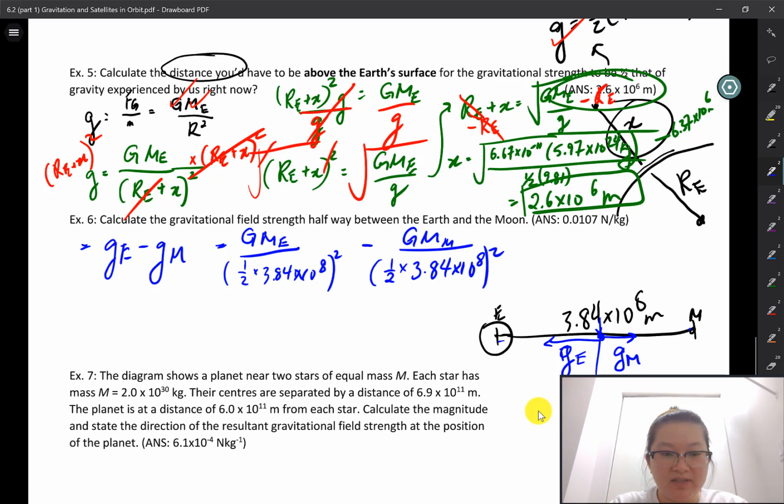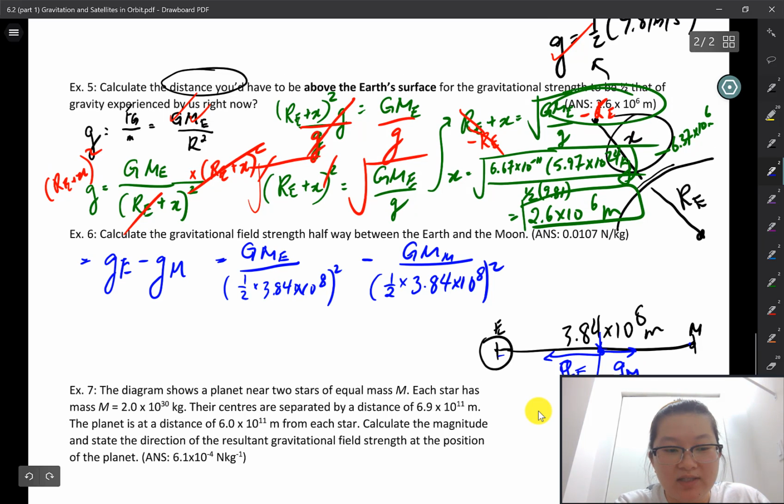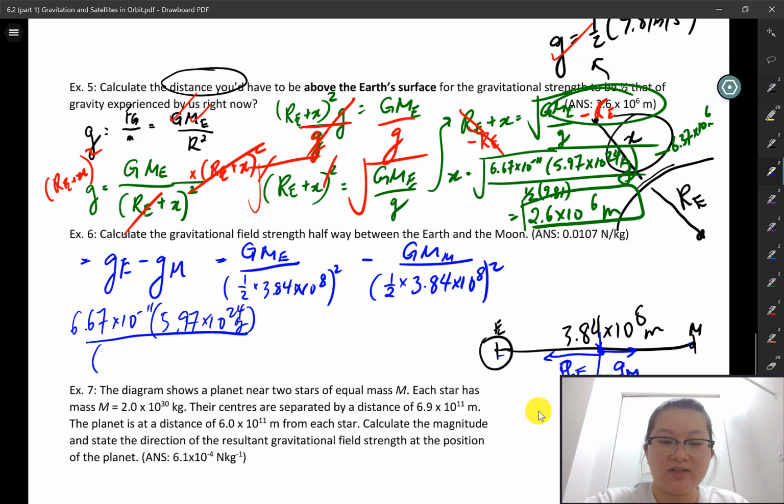So let's put some numbers in, where the gravitational constant is 6.67 times 10 to the power negative 11. Mass of the Earth is 5.97 times 10 to the power 24 kilograms. And over this big ugly number, which is half of that. Actually, what is half of 3.84? 1.92.